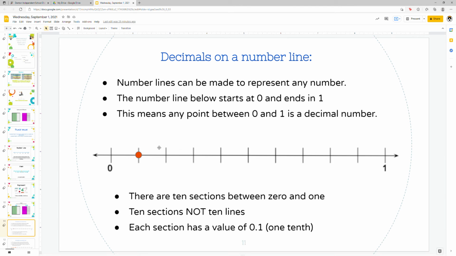If you count the dashes, the lines in between 0 and 1, you would get 9. You might end up picking the wrong decimal amount or wrong number if you count it that way. You've got to think of it as sections. If I start at 0 and I go to the first line, that's just one section. I'm at 0.1 or 1/10. So each of these 10 sections is worth a tenth, right? Because it takes 10 of them to make one whole.